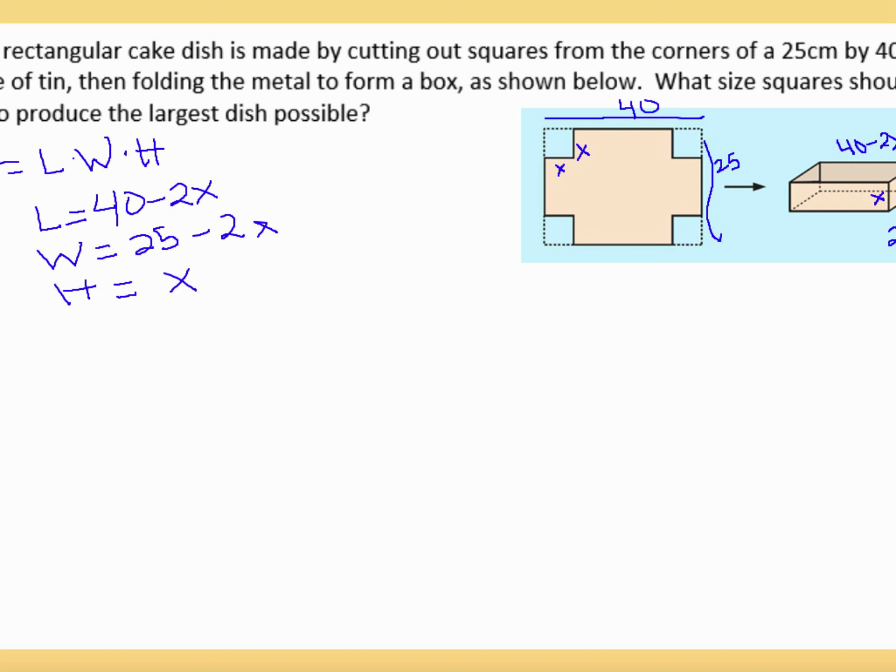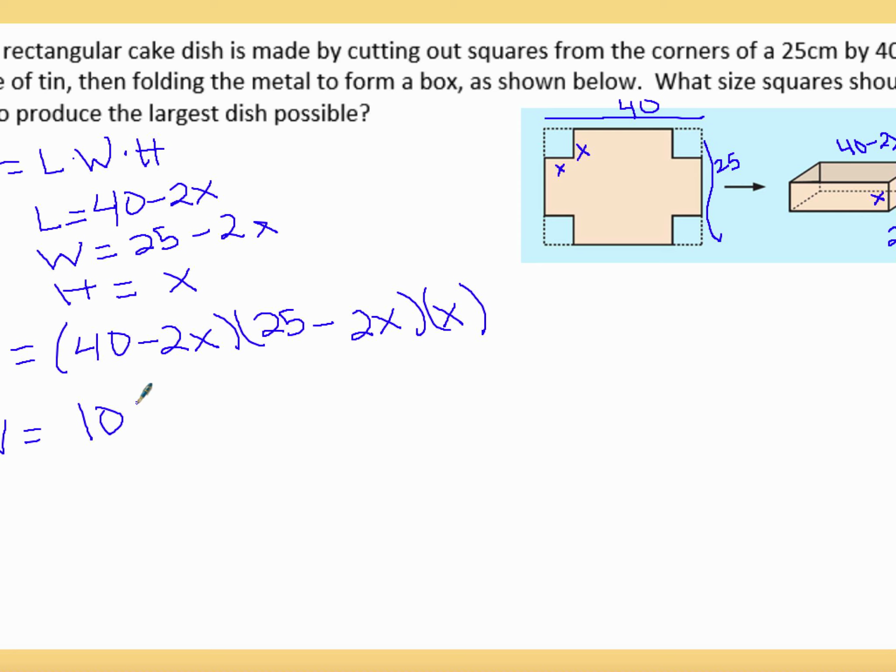So we end up getting that volume is equal to 40 minus 2x times the quantity 25 minus 2x times the height, which was x. And we can multiply these all the way through, and I get that my volume is 1000x minus 130x squared plus 4x cubed, and this is all in centimeters cubed, right? Because length times width times height would give us our units cubed.